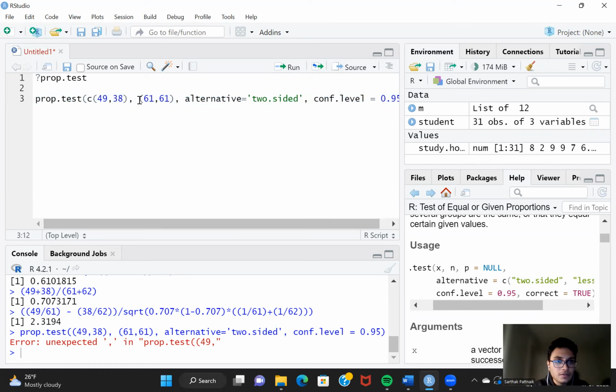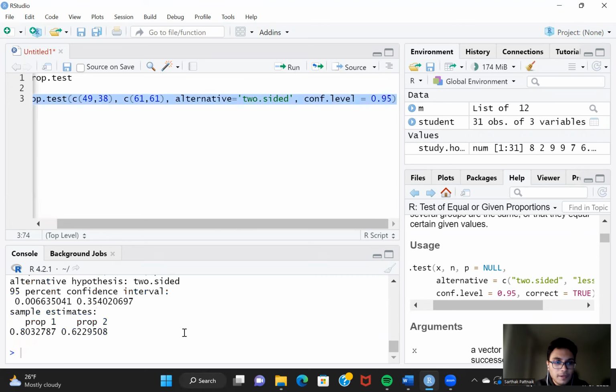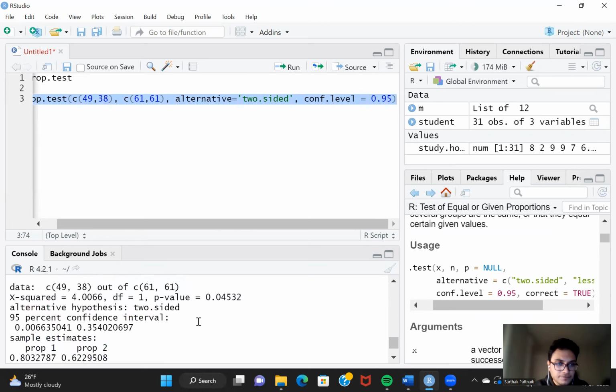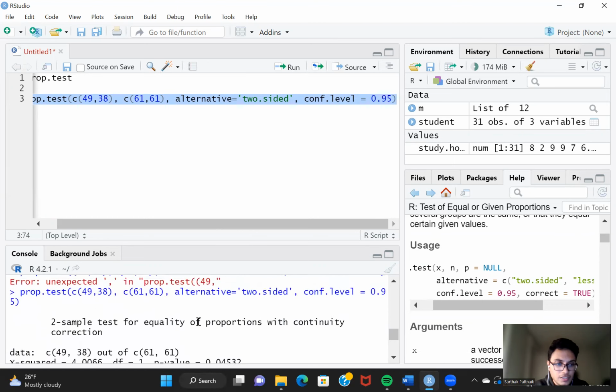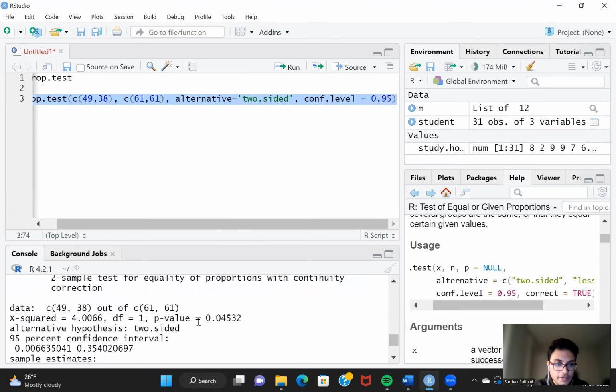I'm sorry, I have to give a vector c. So if you can see, this is how it will yield the result.